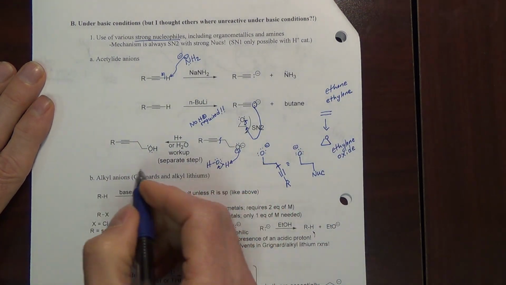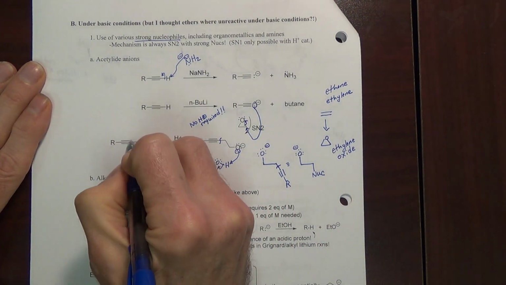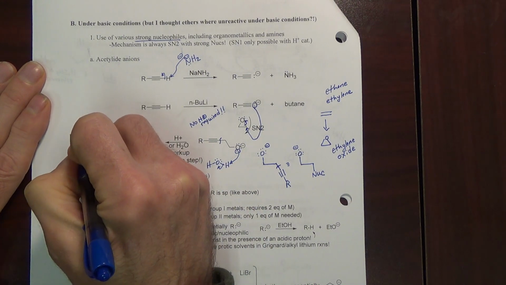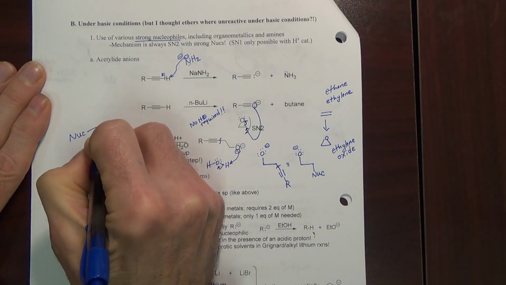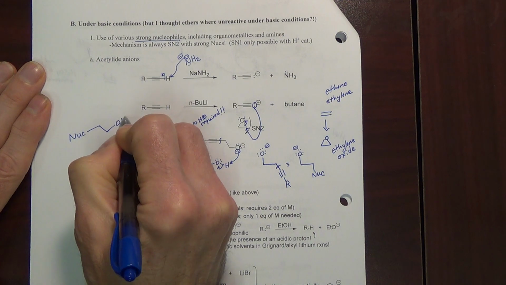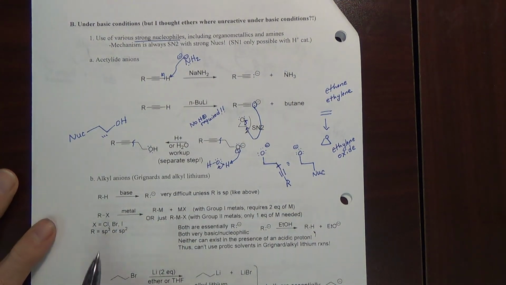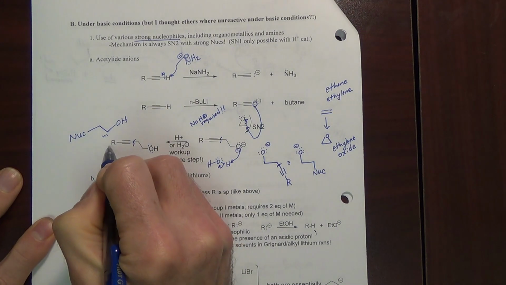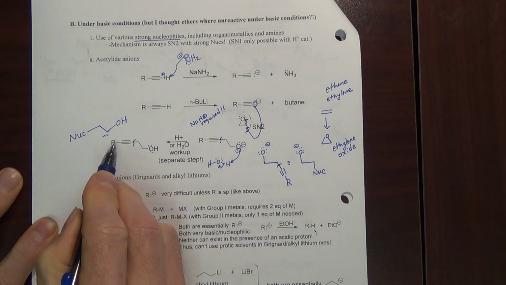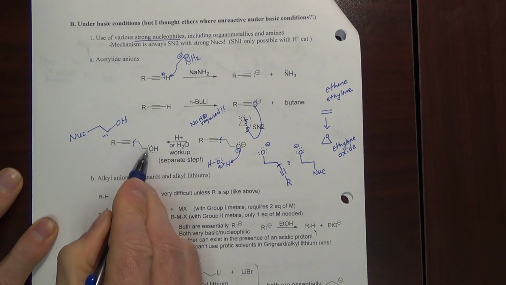Separate step. We'll repeat this. And so you end up with, we just made this bond, nucleophile, carbon-carbon OH. This was your nucleophile, the R-acetylide anion. Okay?